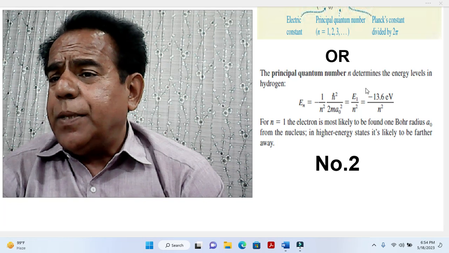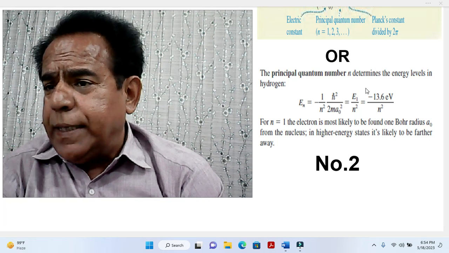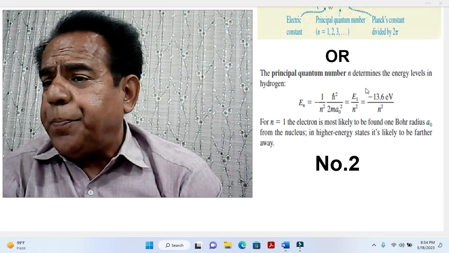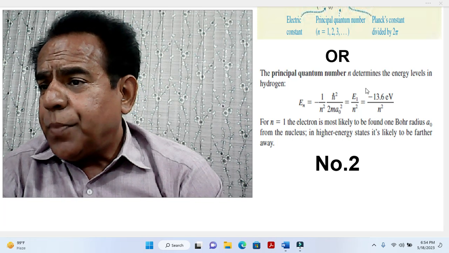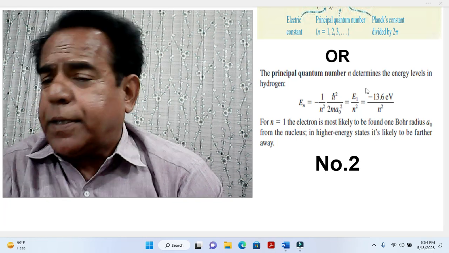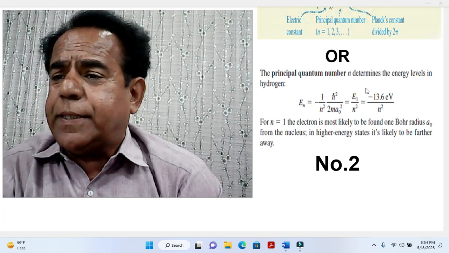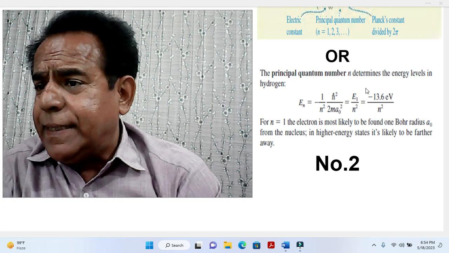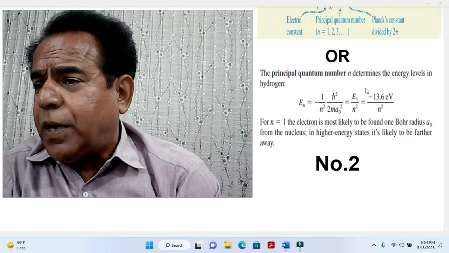For n equal to 1, the electron is most likely to be found 1 Bohr radius, a naught, from the nucleus. In higher energy states, it is likely to be farther away.